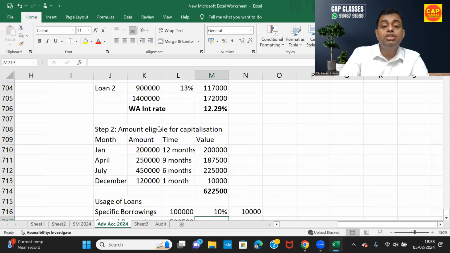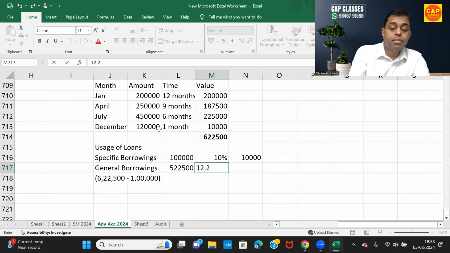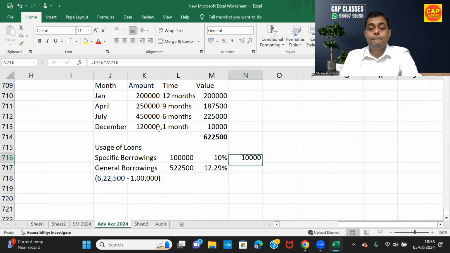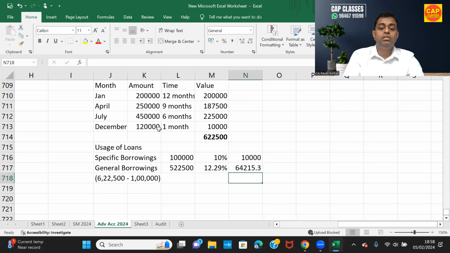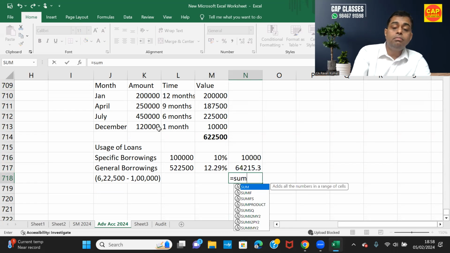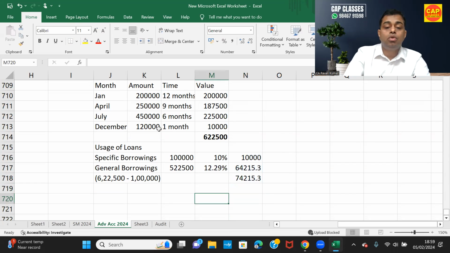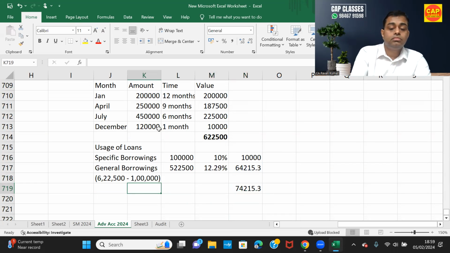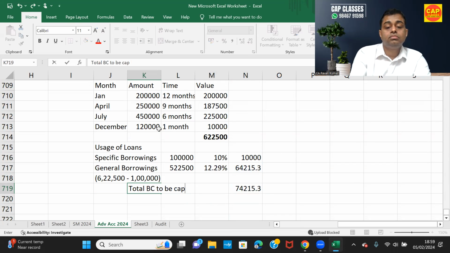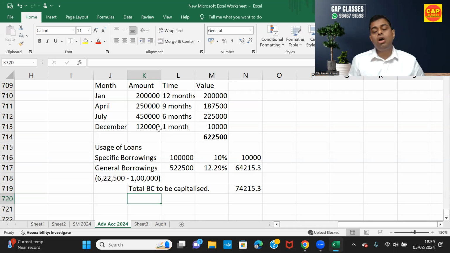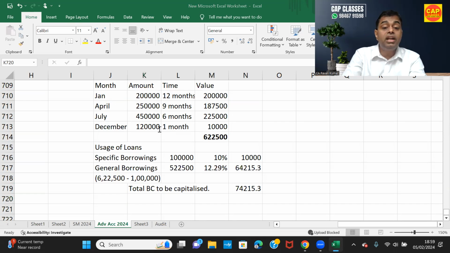For this, you apply this 12.29%. So the total borrowing cost that can be capitalized is these two put together. Total borrowing cost to be capitalized is 74,215.